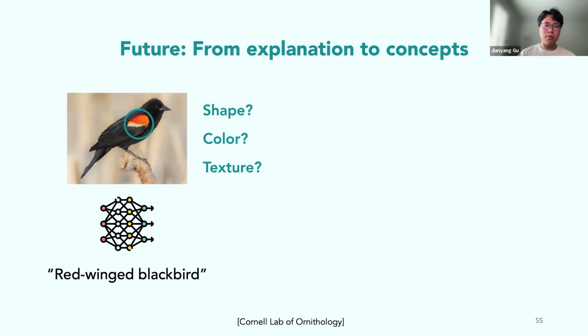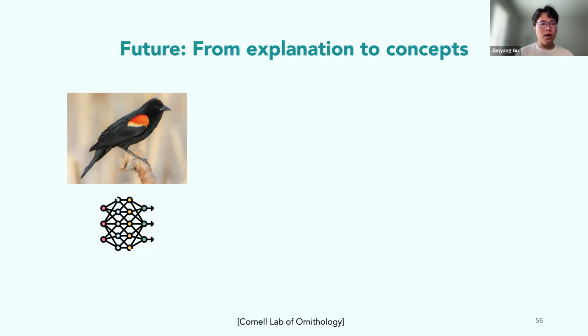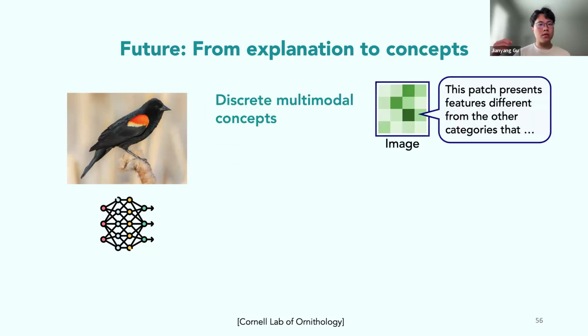By only highlighting the pixels, these questions cannot be answered. Therefore, what we need are discrete multimodal concepts. We need to explain using natural language that, for example, this patch presents features different from other categories, because of what? We need natural language to help understand what exactly the trait is.